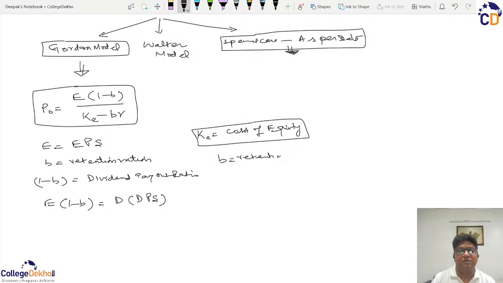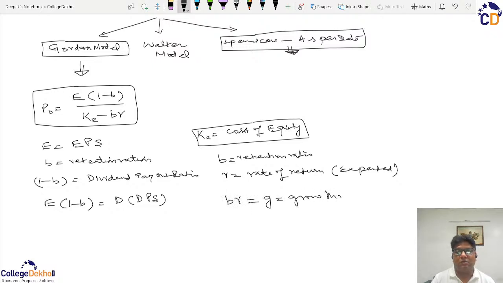And R denotes the expected rate of return of the investor, with the basic assumption that BR is equal to G, which is the growth rate of dividend, or we can say the annual growth rate of dividend, and this is the assumption.